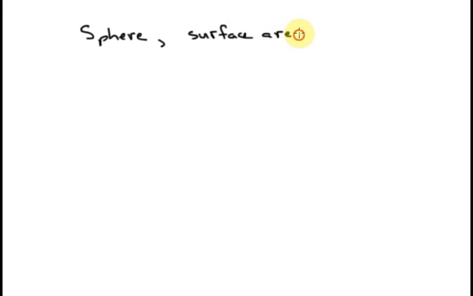So surface area is 6,939.78 square centimeters. And you have to figure out what the radius is. Find r.